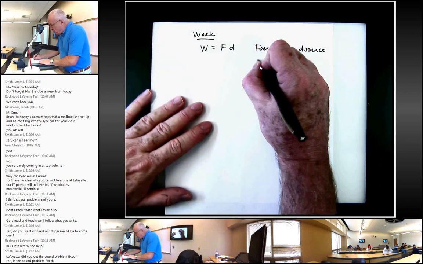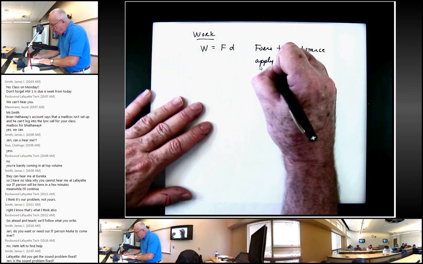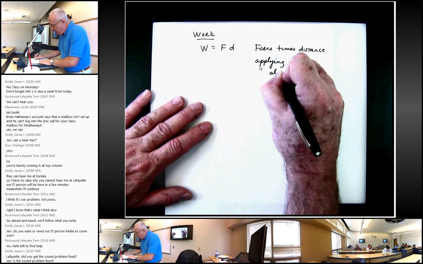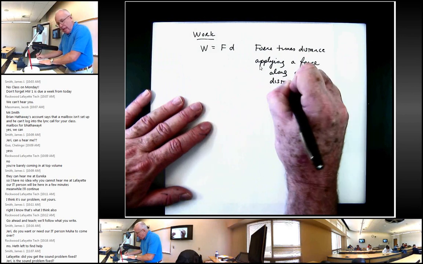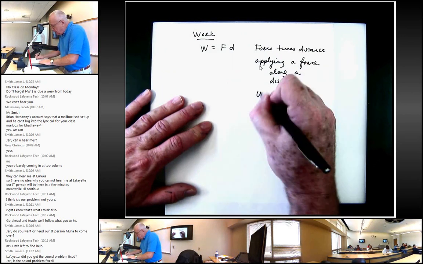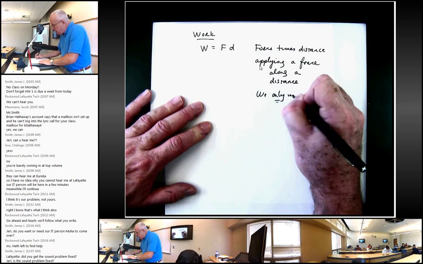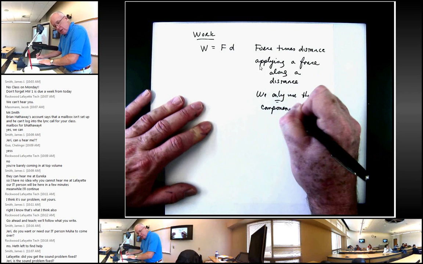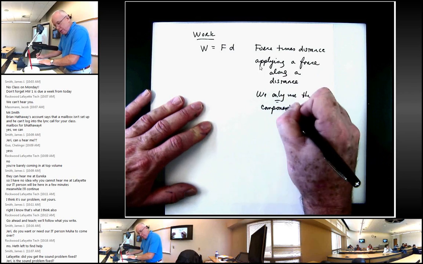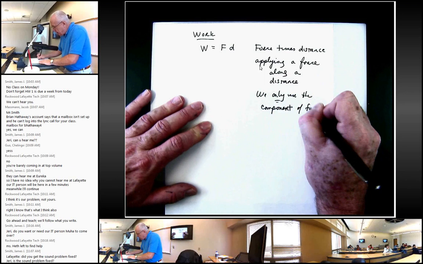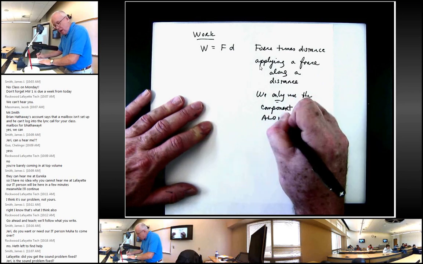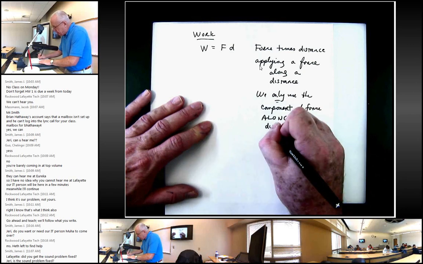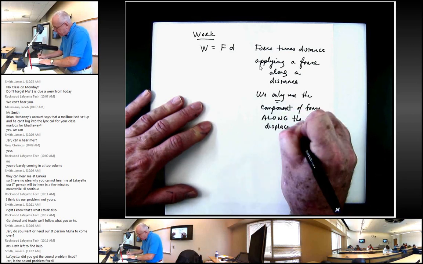So we're applying a force along a distance, and we only use the component of force that's in the direction of the distance, or another way I could say it, along the displacement direction.